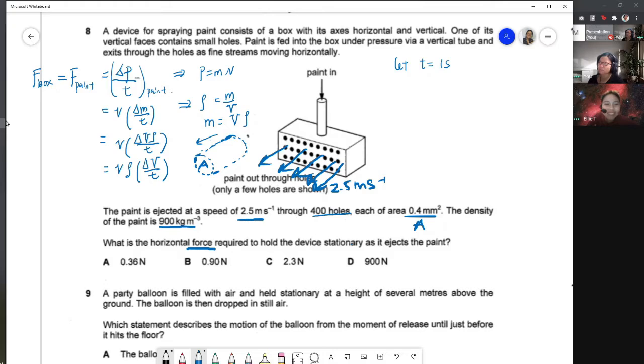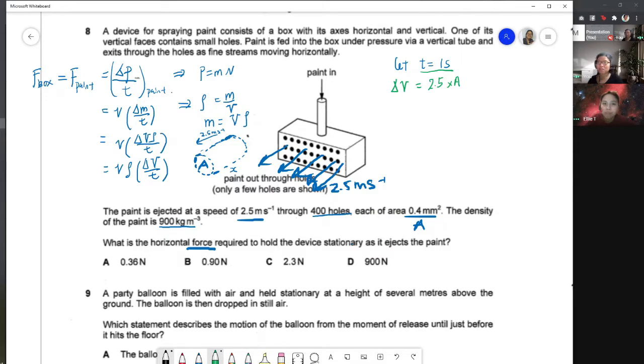But do we have the length of this cylinder-looking thing? Not exactly the length, but we do know the speed, 2.5 meters per second. So since we let time be 1 second, then in 1 second the height of this cylinder would be 2.5 meters. So your change in volume will be 2.5 times A, where A is the area.